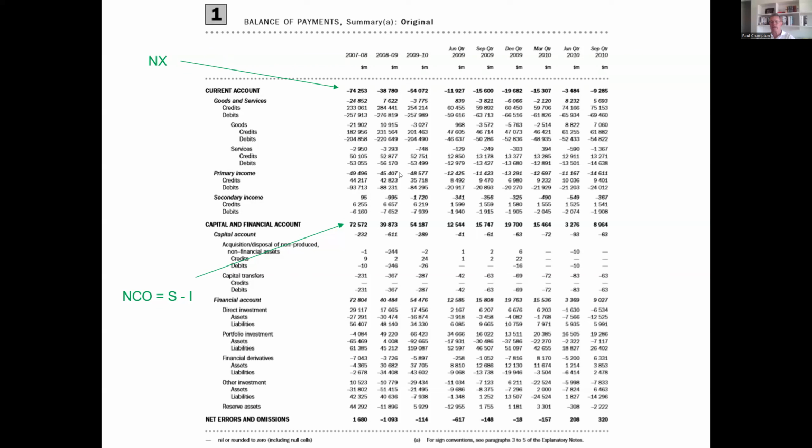But if you have a lot of foreign obligations as a country and you pay in net terms a lot of interest payments and dividend payments to foreigners, that is, pay them more interest and dividend payments than they pay you, then it is possible for that deficit to overwhelm a positive trade balance and give you a current account deficit overall. But most of the time, if a country has a current account deficit, it'll also have a trade deficit. Okay, so just keep that in mind.